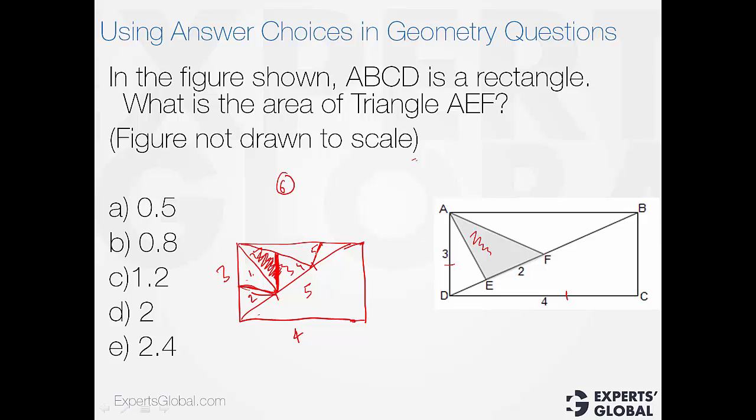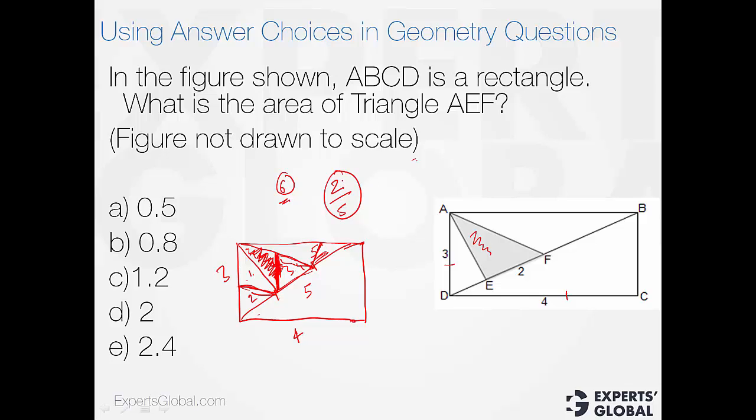This is narrow, so probably this entire thing can be counted as 1. So I have 5 areas of this size, and this required shaded part is taking roughly 2 out of 5 parts. The entire thing was 6, so 2 out of 5 should be roughly 40% of this.